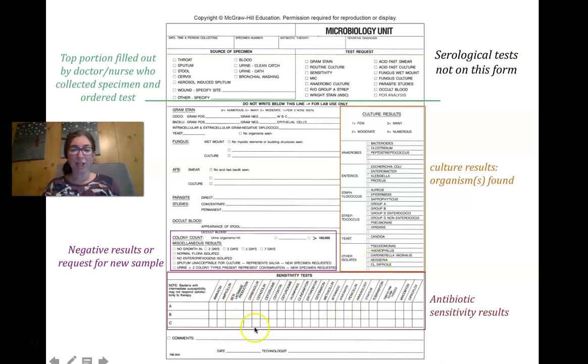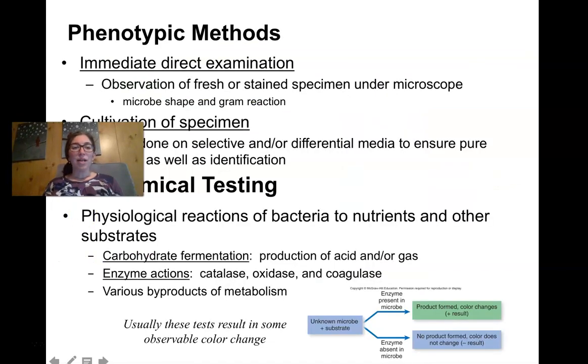And then down at the bottom is results for antibiotic sensitivity testing, like the Kirby-Bauer test, where they can use the little discs and check for antibiotic resistance or sensitivity and mark those so that the doctor knows which drugs they can choose from for treatment. So it's a form that's simplified for maximum clarity of results.